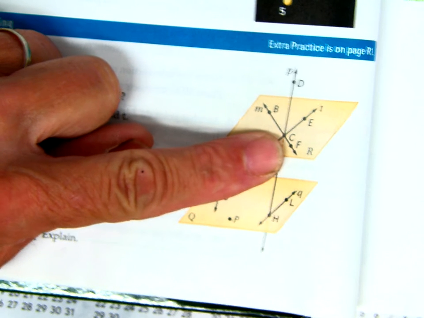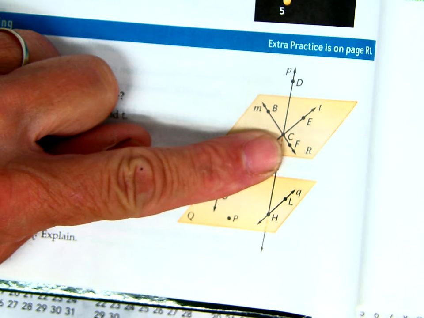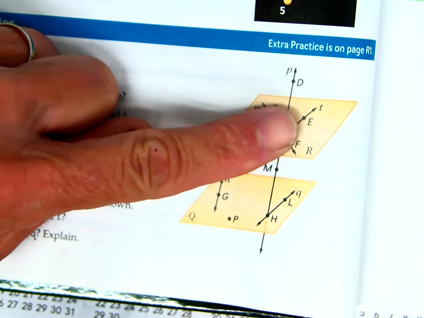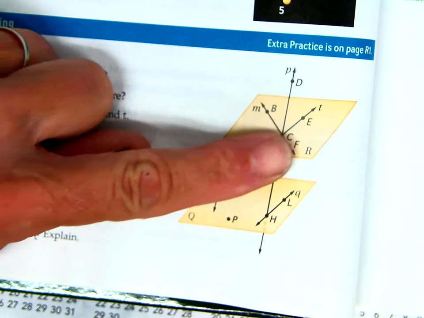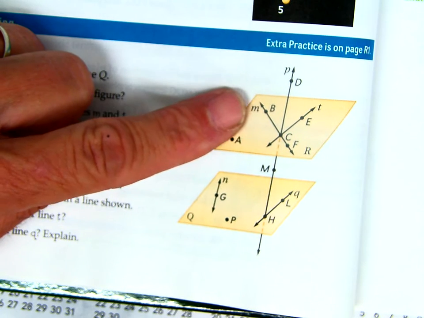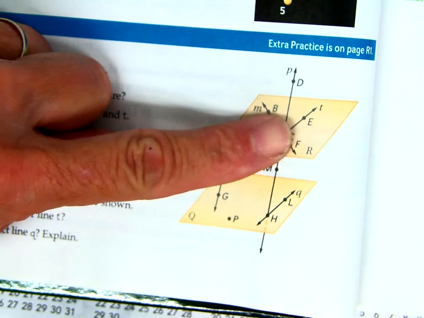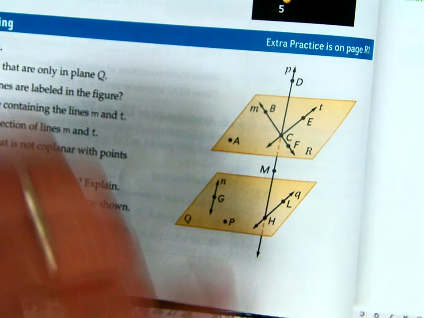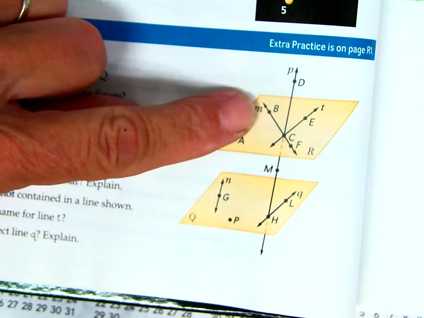So you could name it BEF, you can name it BFE. BCE, but C and E, BEC, C and E are on the same line, but B is not on the same line with C and E.